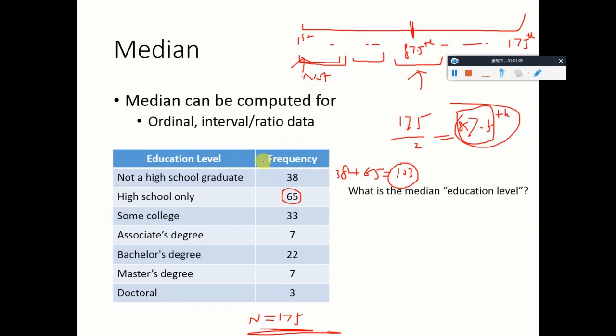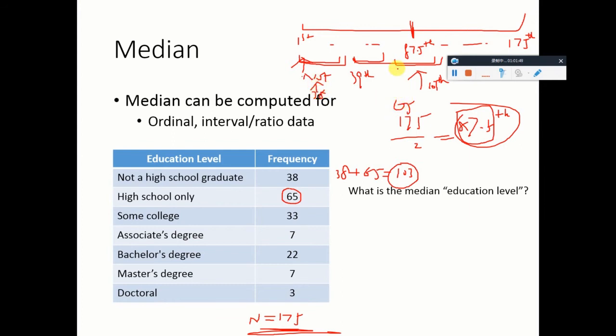But then from the 39th individual to the 103rd individual, there are 65 of them here, 38 of them here, right?